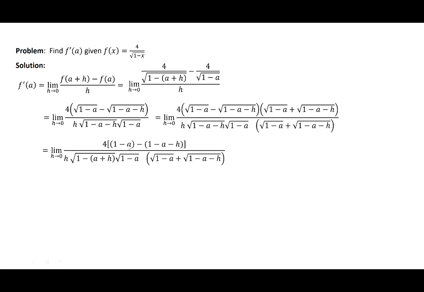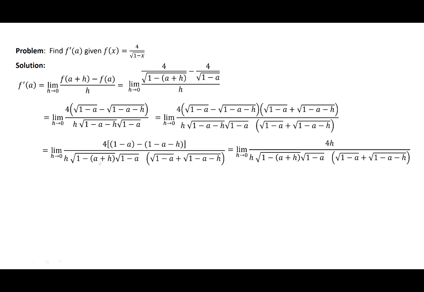And now we notice that if we simplify this, 1 minus 1, oh, that is 0, minus a plus a, that also is 0, minus negative h is positive h. So there is a 4h, 4 times h on the top. That's what the whole top reduces to, a 4h.